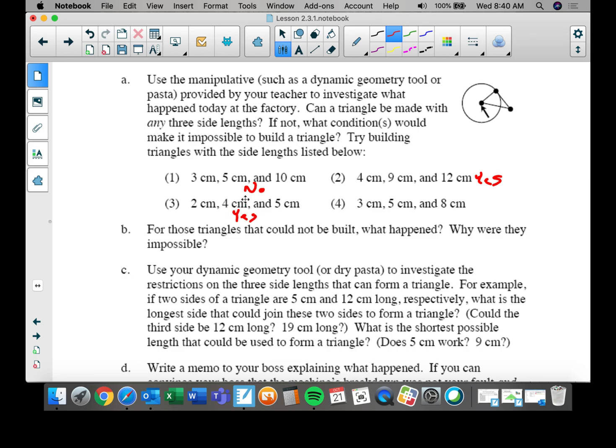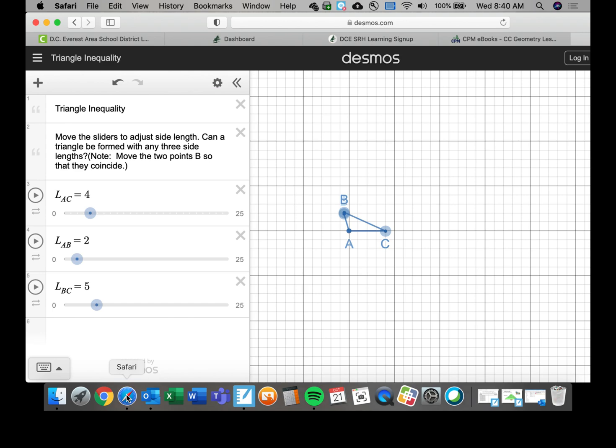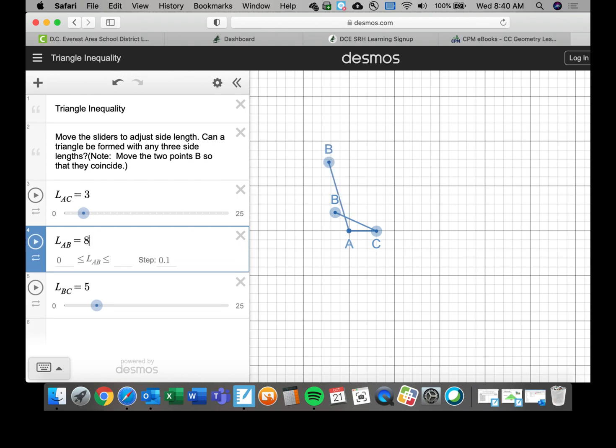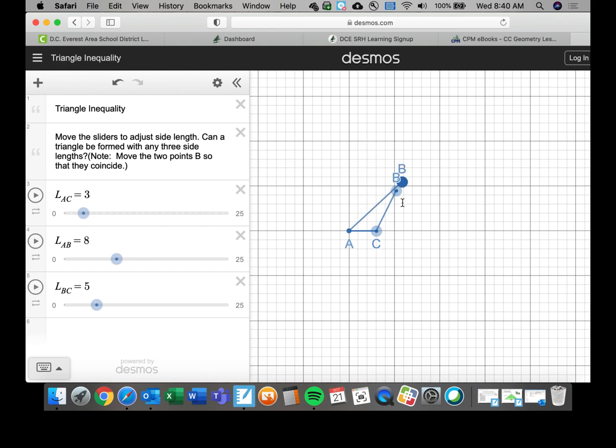And finally, 3, 5, and 8 is our last one. So let's go 3, and we already have a 5, so let's change that to an 8 and see what happens. If I start moving this around, this one gets a little bit close. Let's see if I can put that there. We're getting close. Ultimately, though, what I want you to notice is if I put these end to end, this has a length of 8.